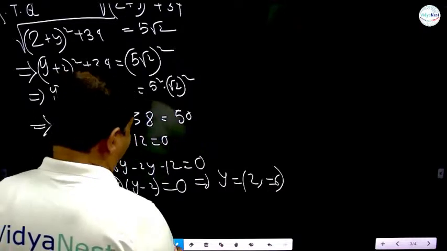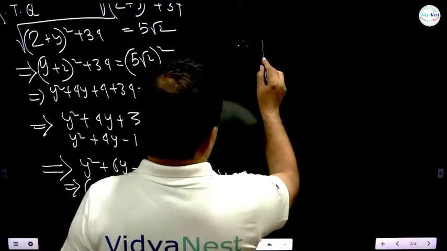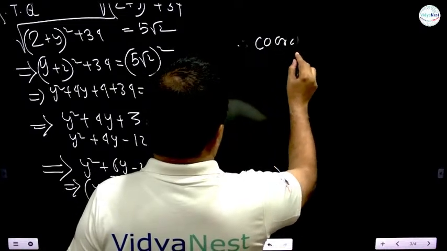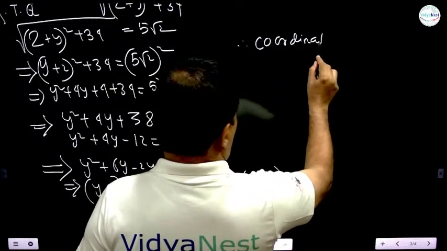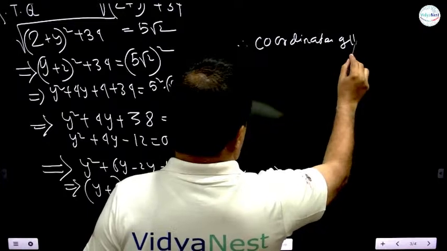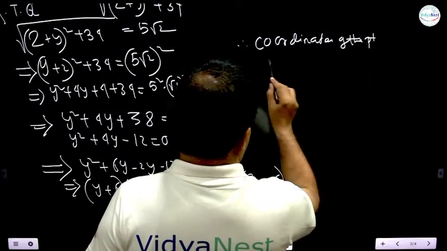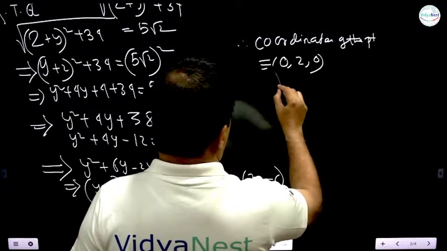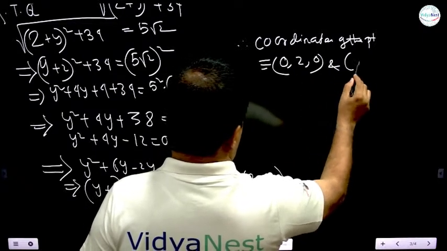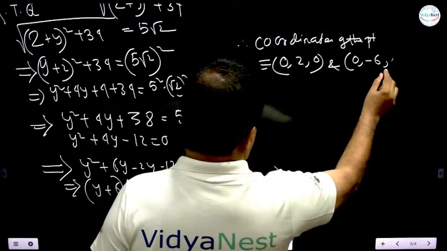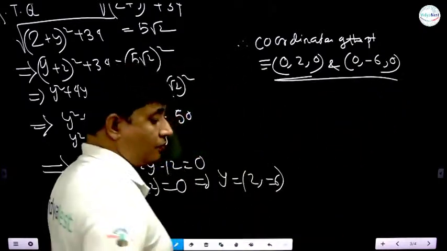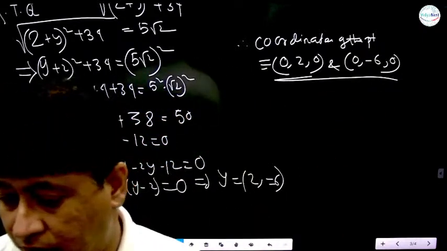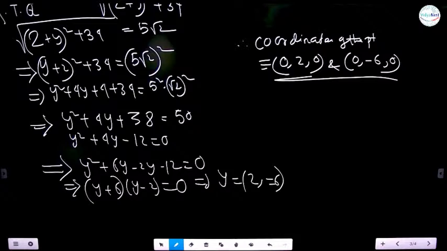Therefore I can write the coordinates of the point: (0, 2, 0) and (0, minus 6, 0). Understood? Yes, sir. Just wait.